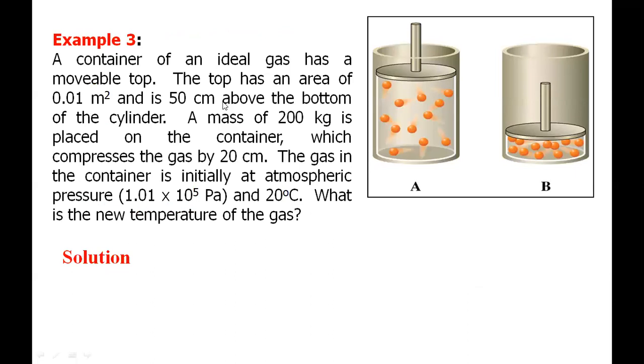Example 3. In this example, a container of an ideal gas has a movable top piston. So we have a movable piston. The top has an area of 0.01 square meters and is 50 centimeters high. So we have the top, this is the area of the piston.